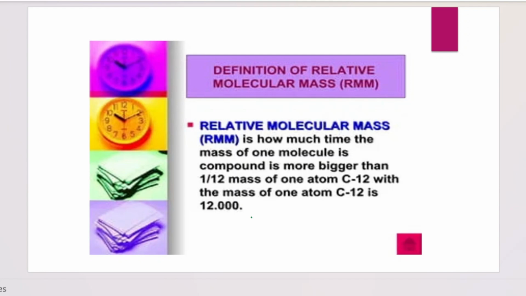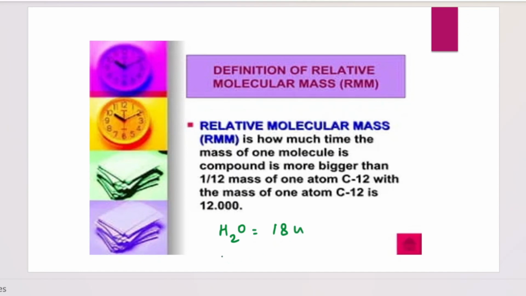Relative molecular mass tells us how many times the mass of one molecule of any compound is heavier than 1/12 mass of C12. For example, one molecule of water is 18 times heavier than 1/12 mass of C12 and therefore the mass of water is 18U.